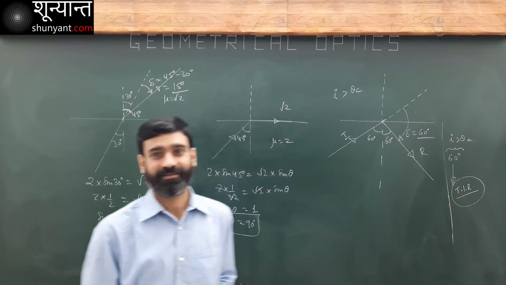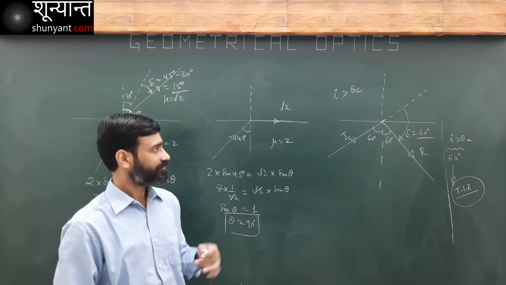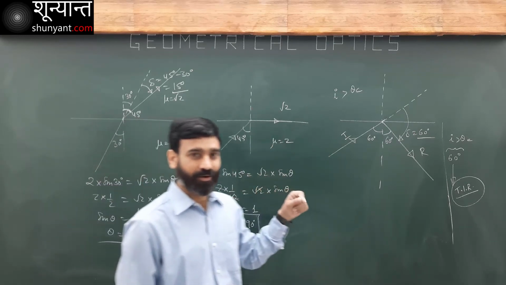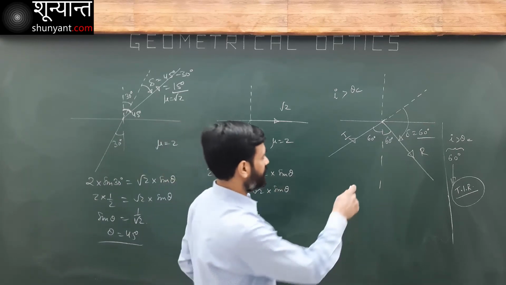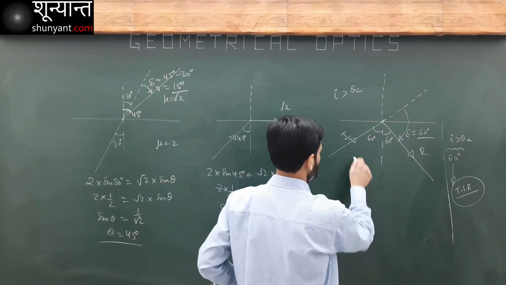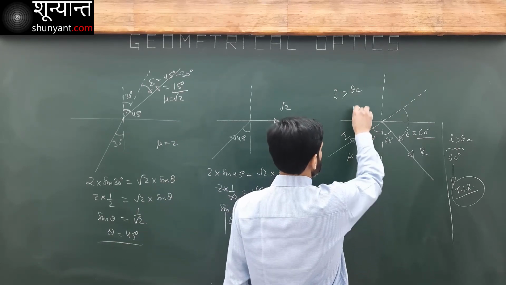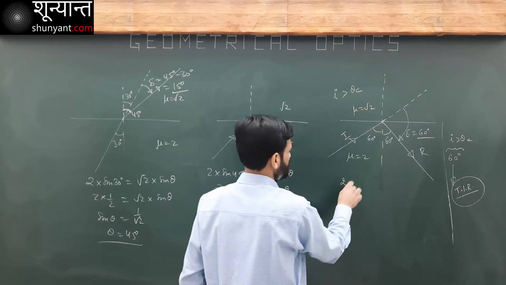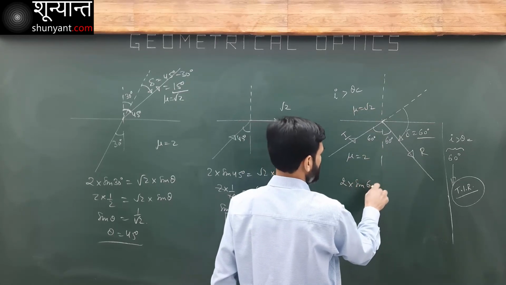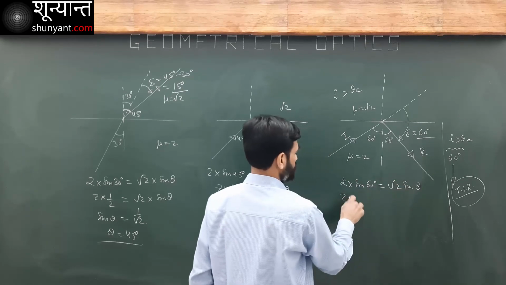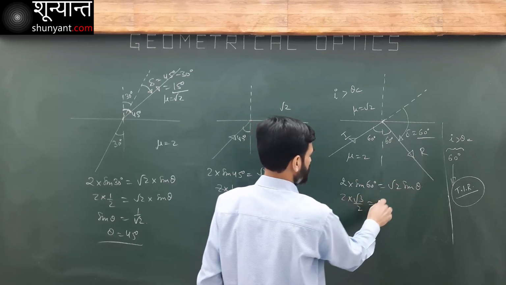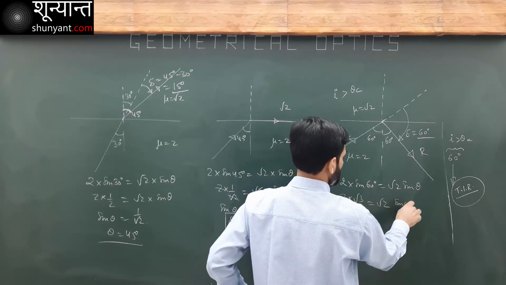Delta is 60. Now, if you apply Snell's law, you start getting garbage values. For example, try applying this. This mu is 2, and this mu is root 2. So 2 sine 60 is root 2 sine theta. So 2 times root 3 over 2 is root 2 sine theta.